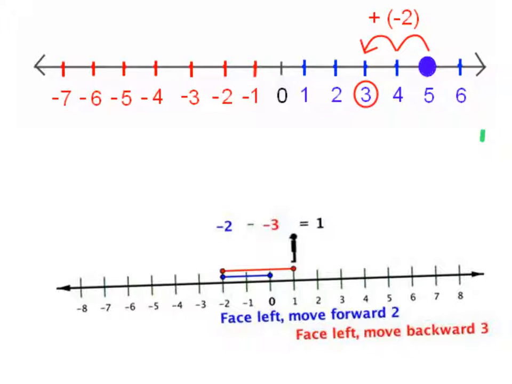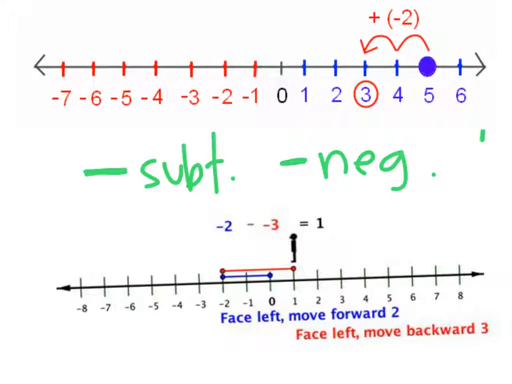So as you know, in math, we can have a dash that represents subtraction, or we can have a dash that represents a negative number. So if you look down here at this number line, we have an equation here, negative 2 minus negative 3 equals 1, and it shows they moved.